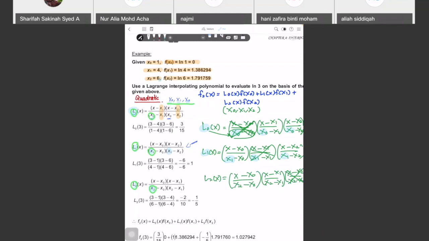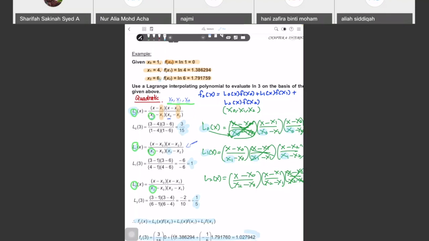Then put everything in the formula. Finally, you will get all the answers here. Make sure your calculation is correct. After you get all your L0, L1, L2, put them into the formula, and then finally you will get your final answer.